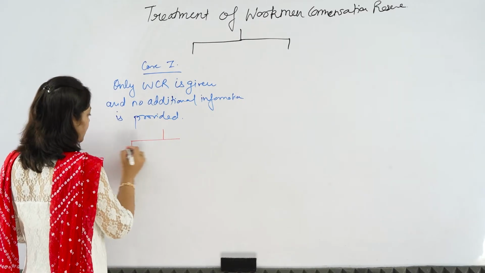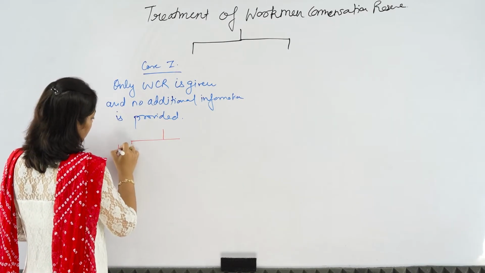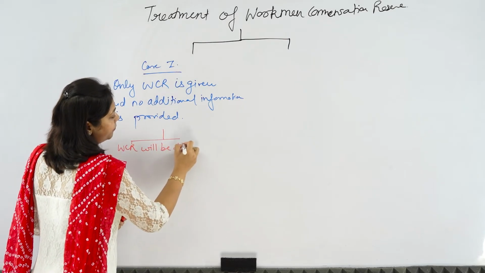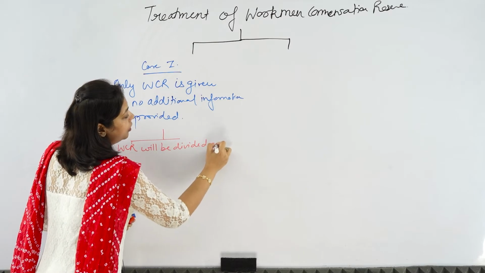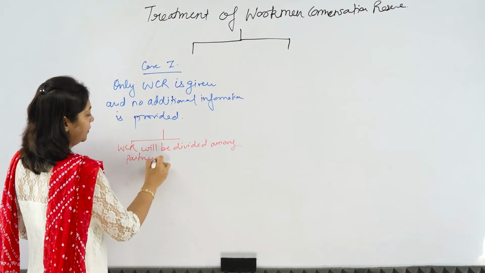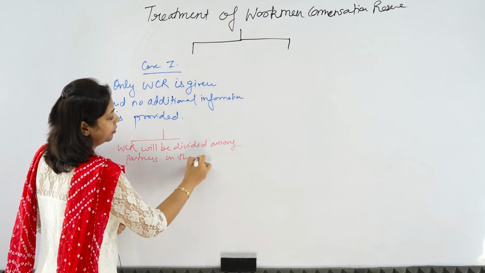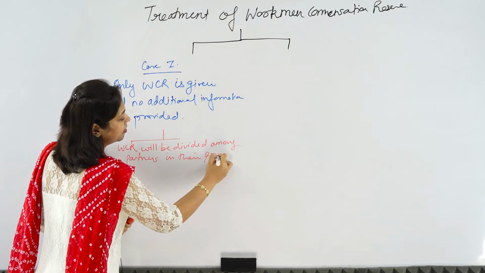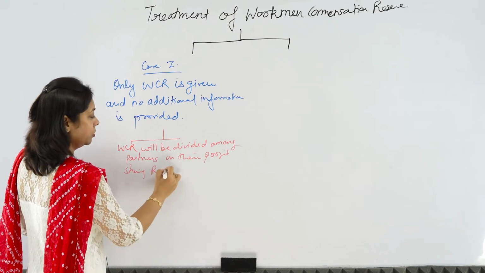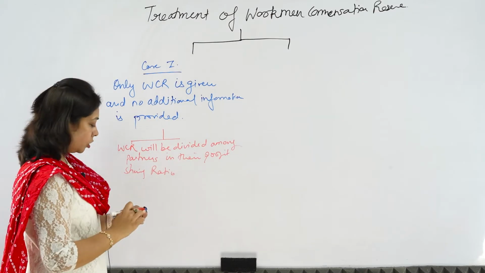So the entry is: it will be divided among partners in their profit sharing ratio. Got it? The entry is also very simple.